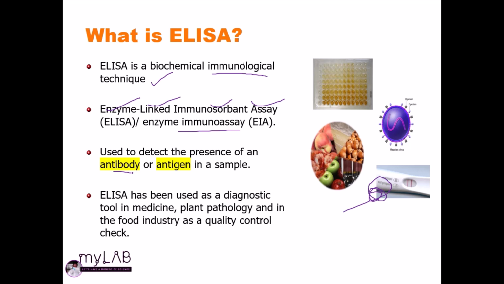And now the enzyme catalyzing the substrate gives us a color. In this case, for example, being a pregnancy test, it is going to give us lines, and these lines are chromogenic, or colored. So enzyme-linked immunosorbent assay is a dynamic test that is applied in many areas.